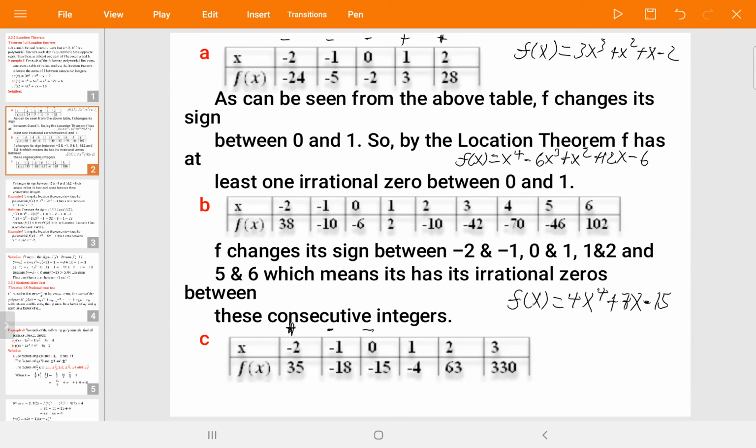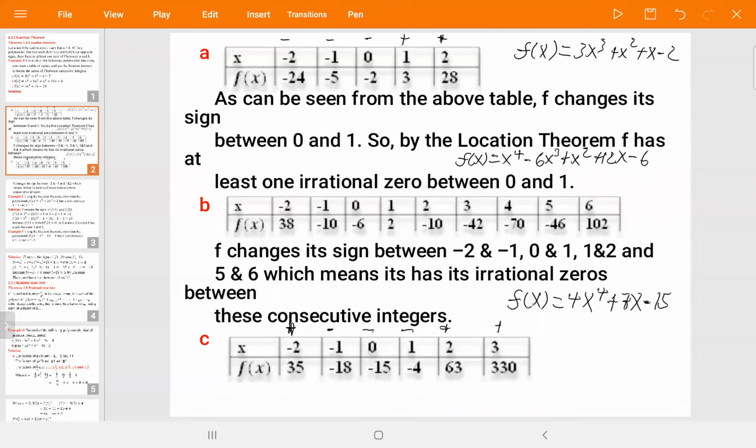Then at x is equal to 1, still it is negative. At x is equal to 2, it is positive. At x is equal to 3, positive. Now beyond 3, the value of f of x stays positive, because after some point in a polynomial, the sign of the polynomial is determined by its leading coefficient.